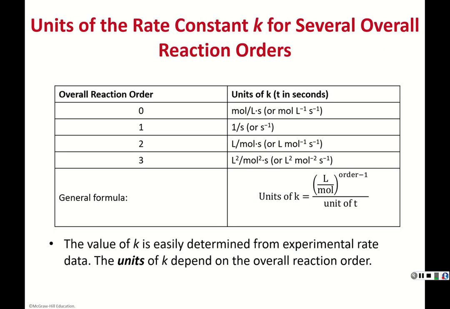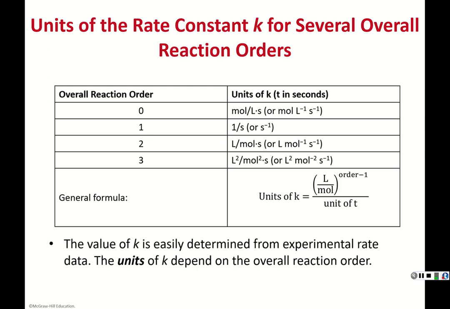If you're given a rate constant, just by the units of that rate constant you can determine the overall order of the reaction. For a 0 order reaction, the units of your rate constant have to be moles per liter per second.